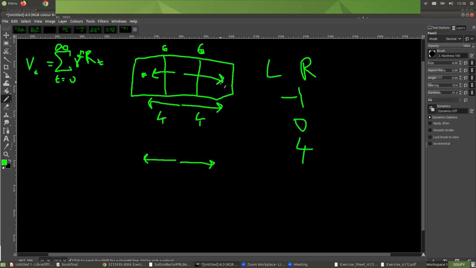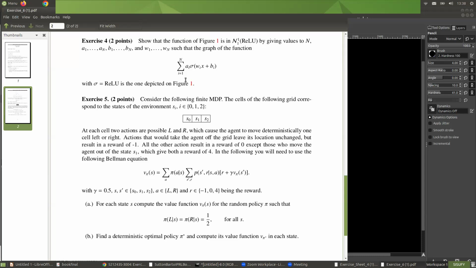And if you pick randomly, then from these corner, boundary states, you'll always bounce to the middle, and then you will randomly go to one of the other ones, and then bounce back to the middle again. So that's what I understand from this question.